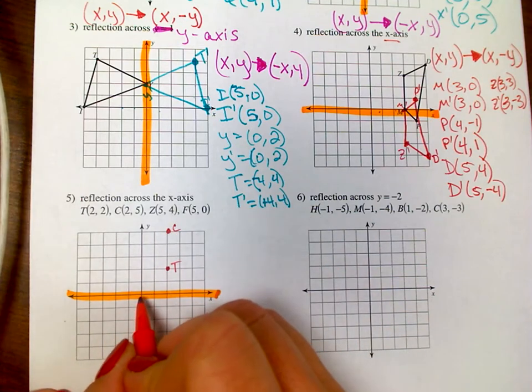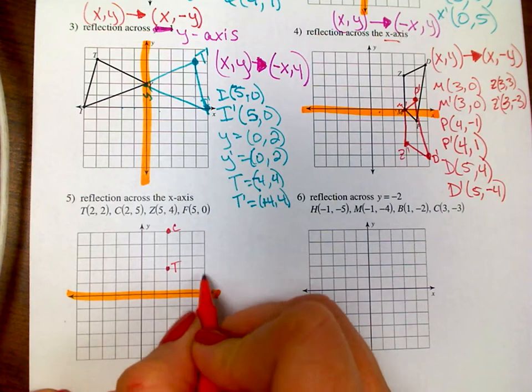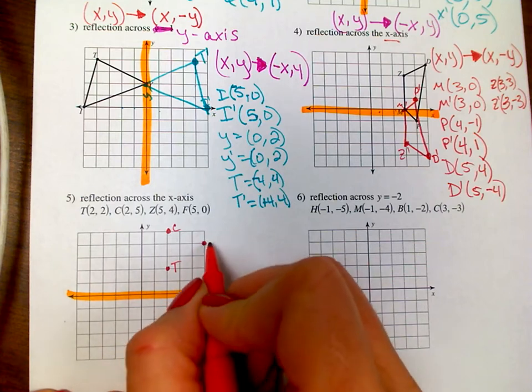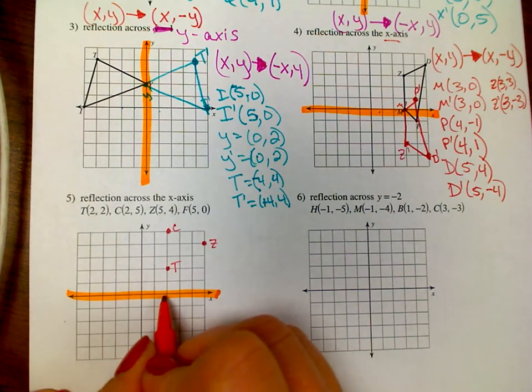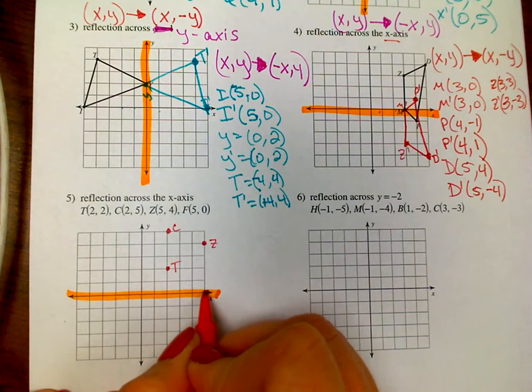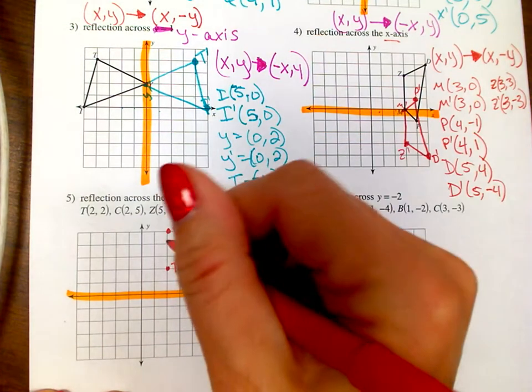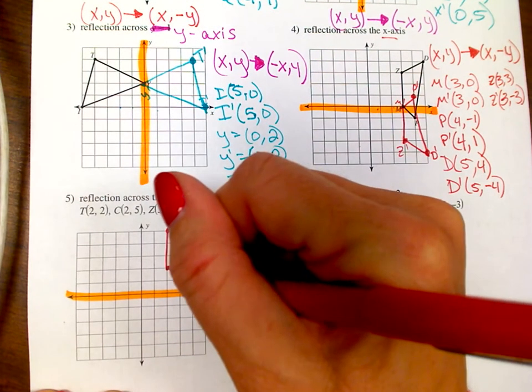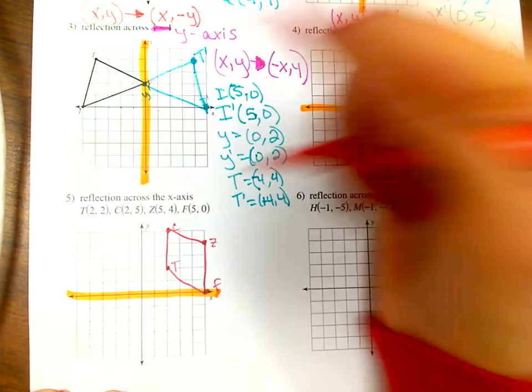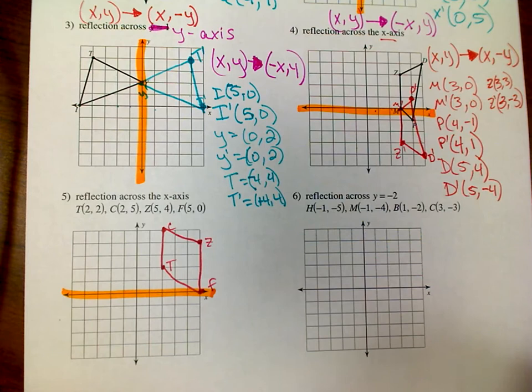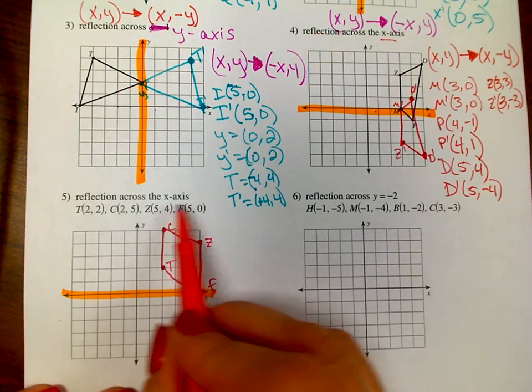And 5, 4. And that's Z. And 5, 0. That's F. So we have this figure, and it's going to reflect over the x-axis.